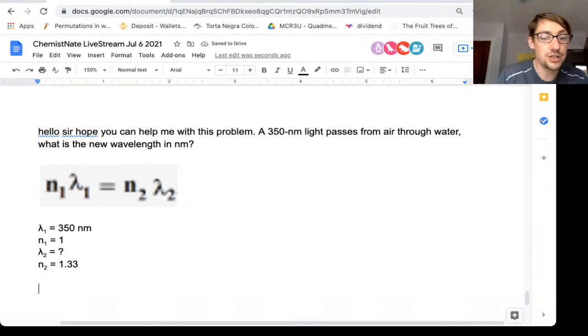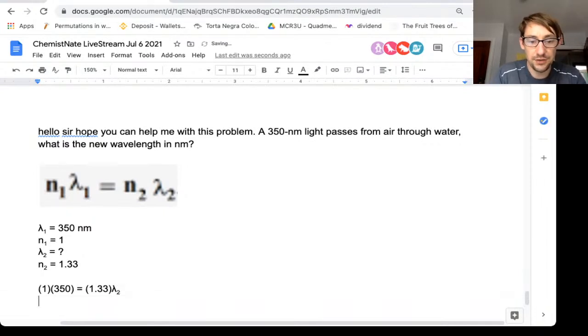Thus, you can plug each of these numbers into the formula and solve for lambda. N1 is 1, the initial wavelength is 350, we are going into 1.33 as a refractive index, and we don't know what lambda 2 is.